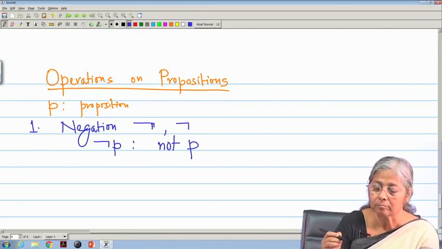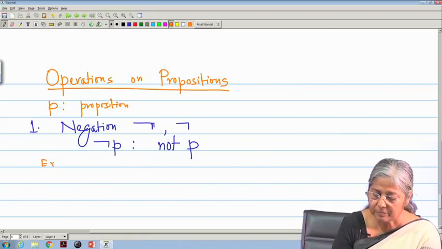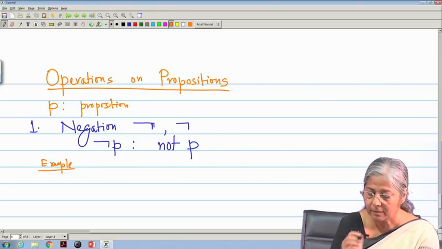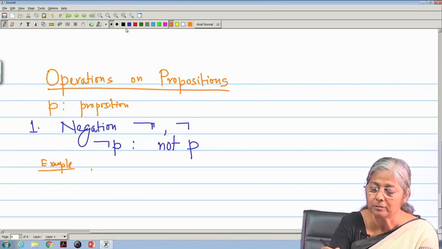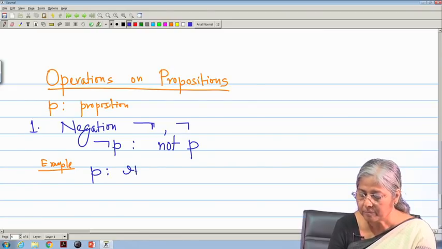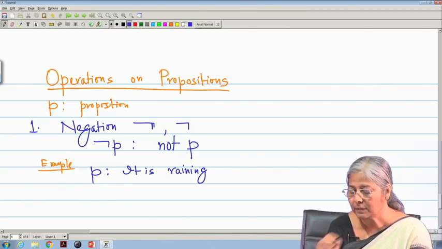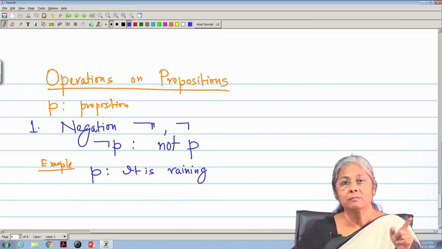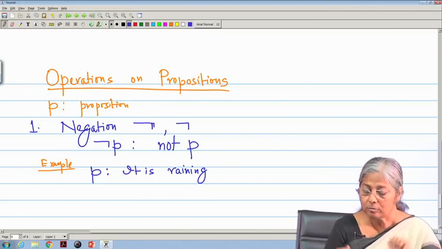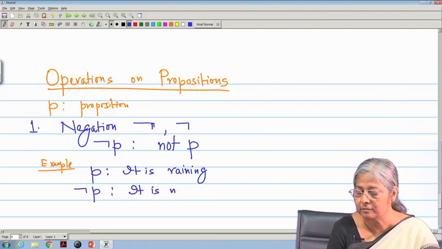Example: say P is the proposition "it is raining." First, it is a declarative statement, either true or false. So, what will negation P be? Negation P is "it is not raining."